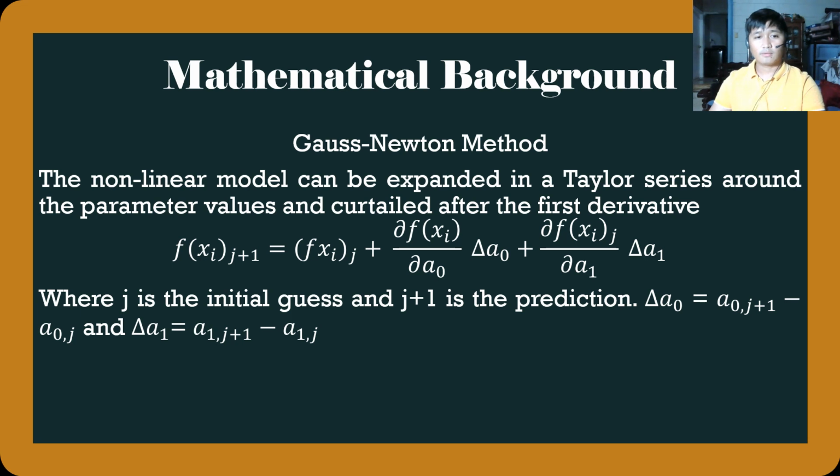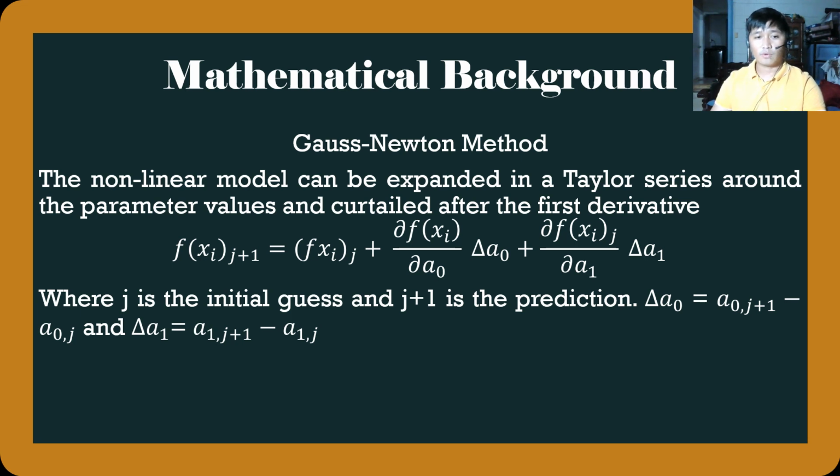So f of x sub i at j plus 1 is equal to f of x sub i at j plus the partial derivative of f of x sub i over the partial derivative of a sub 0 times delta a sub 0, plus the partial derivative of f of x sub i at j with respect to the partial derivative of a sub 1 times delta a sub 1, where j is the initial guess and j plus 1 is the prediction.